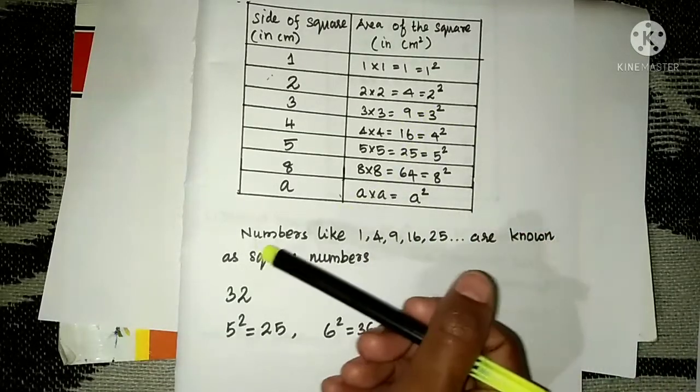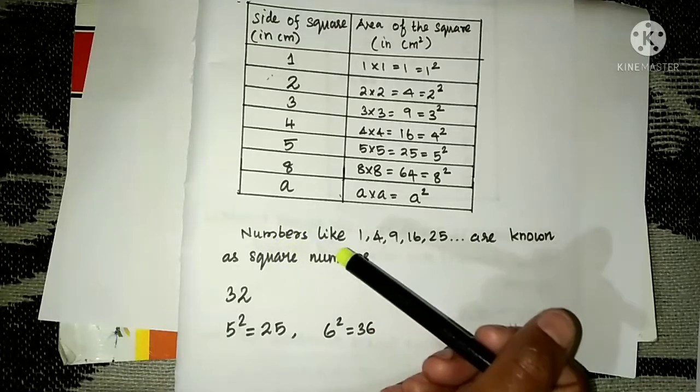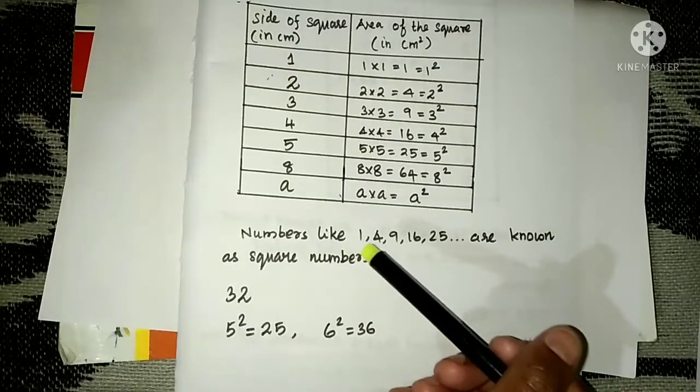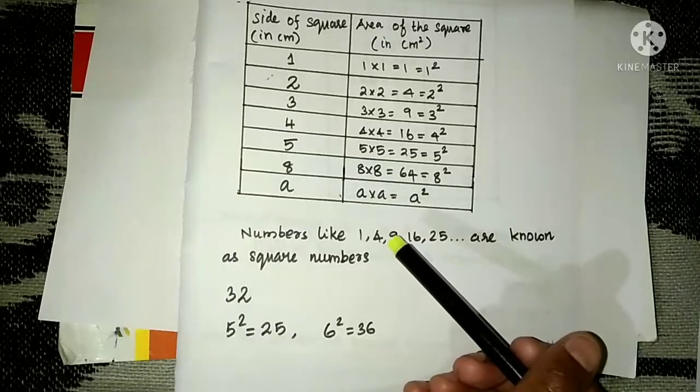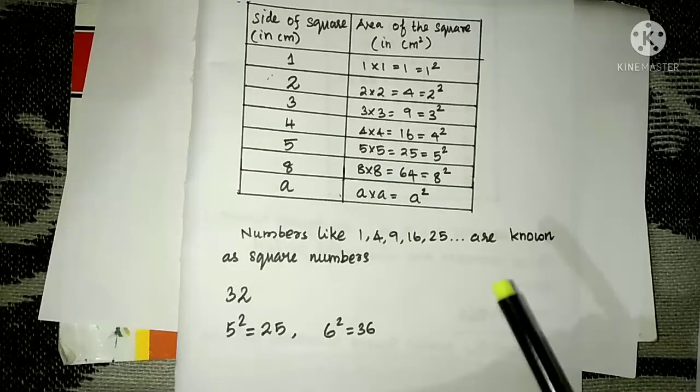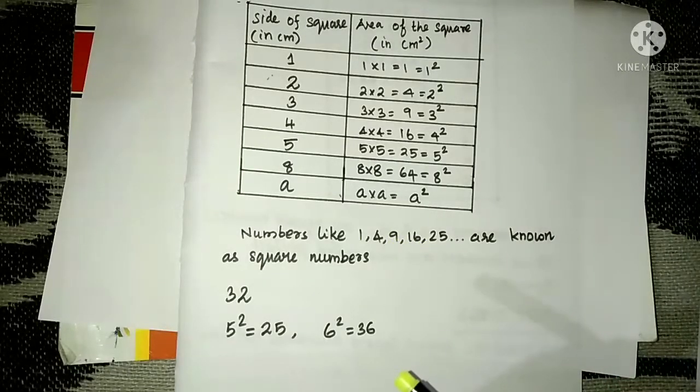So we say that such numbers like 1, 4, 9, 16, 25 are known as square numbers. Let me ask you a question.